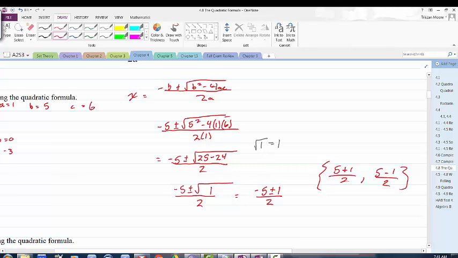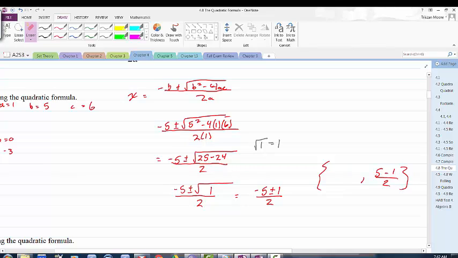So both of those values can be written more simply. Negative 5 plus 1 is negative 4, over 2. Hold on, I'm going crazy here.